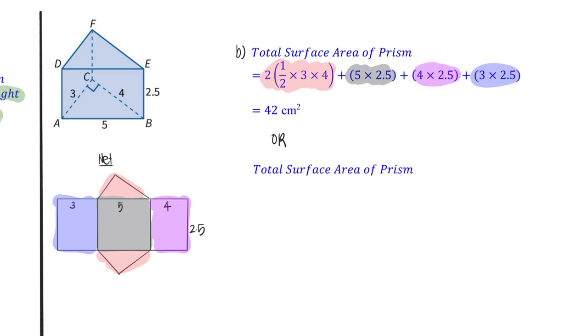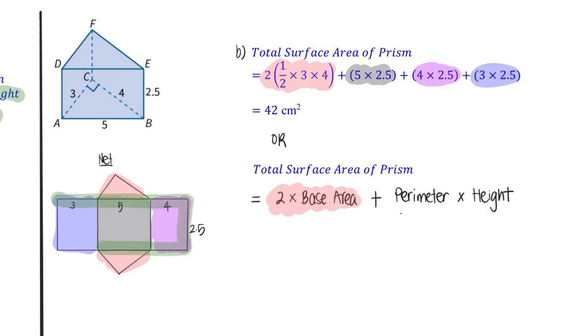Or there's another approach, which is this. Still, you will still have the 2 base areas, but this time round, instead of finding the 3 separate rectangles, you could see it as one big rectangle, and therefore I will have my perimeter, 3 plus 4 plus 5 later on, times the height of this prism, 2.5.